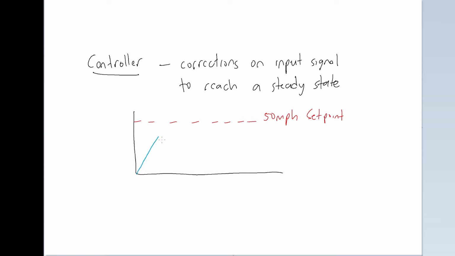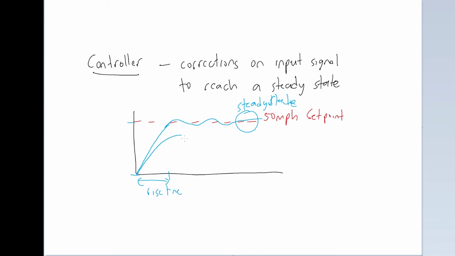So what it does is it starts to rise. Between this point and this point, and between here to here, is your rise time. And then it tries to get to that set point, and finally achieves it. This is what we call the steady state.